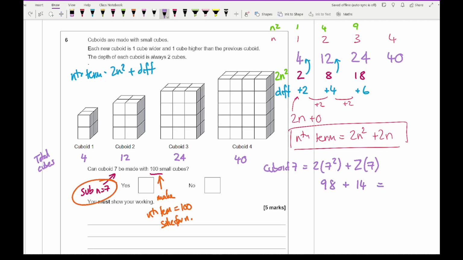So 98 plus 14 is going to give me 112. So is it going to be made with 100? No. And you could say because cuboid 7 will have 112 cubes, not cuboids, cubes.